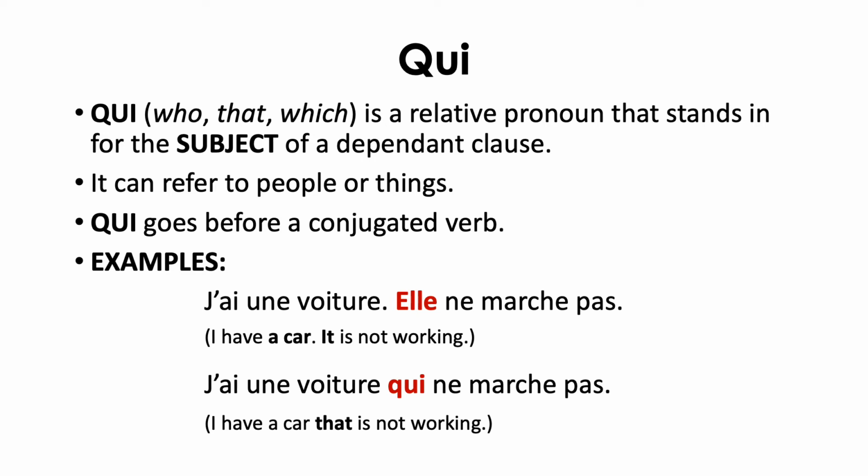And here we're going to write, j'ai une voiture qui ne marche pas. So we have replaced elle, which is the subject of the sentence, elle ne marche pas, with qui. And we've got one sentence now, which is more sophisticated and much neater and tidier.